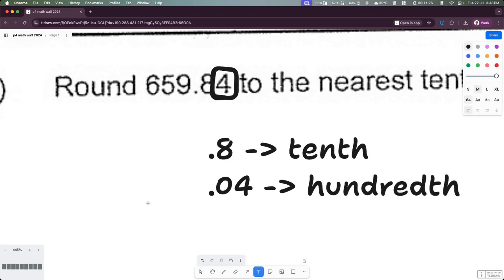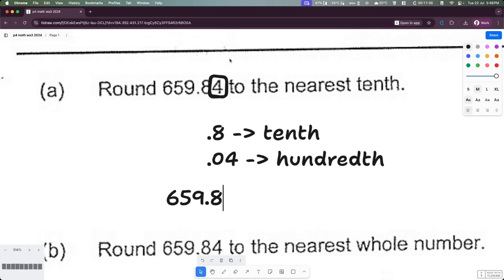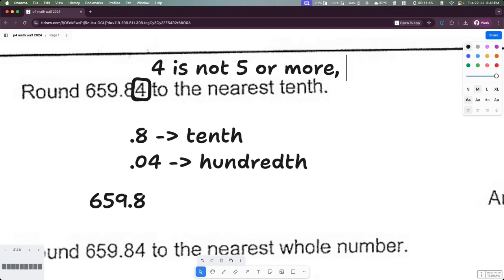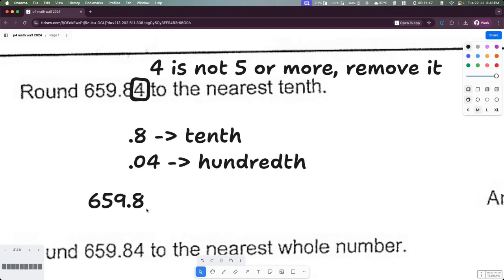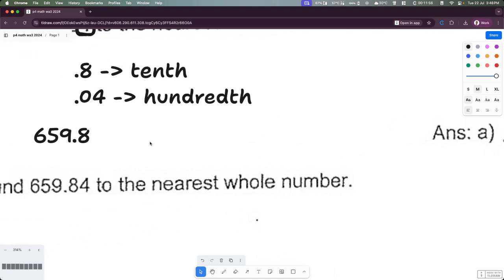Therefore, we round to 659.8, because our 4 is not 5 or more. So we just remove it. The answer is 659.8. All right, let's move on to the next one.